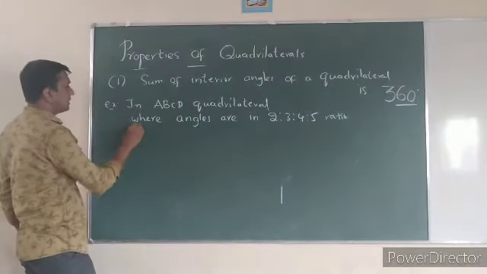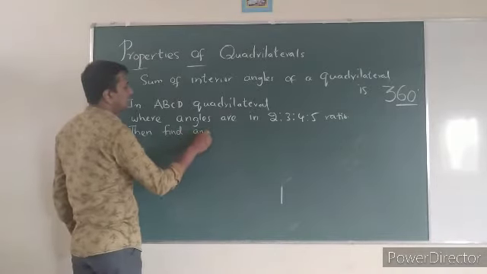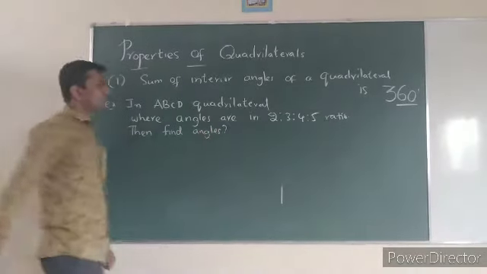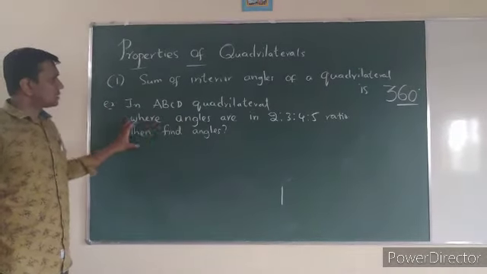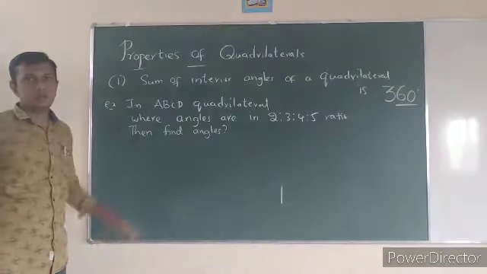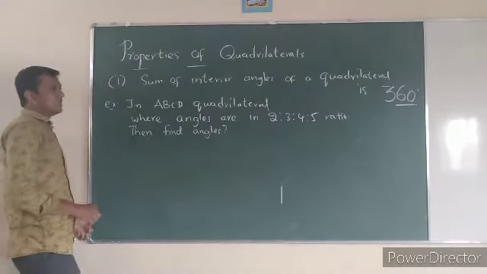Then find the angles. The question may sometimes be different: he may ask which is the largest angle, which is the smallest angle. So how to solve this type of problem?